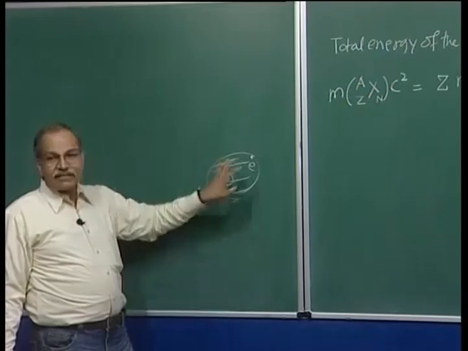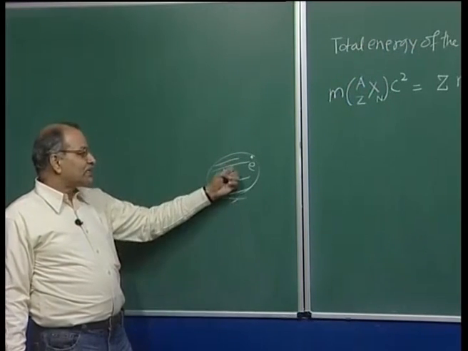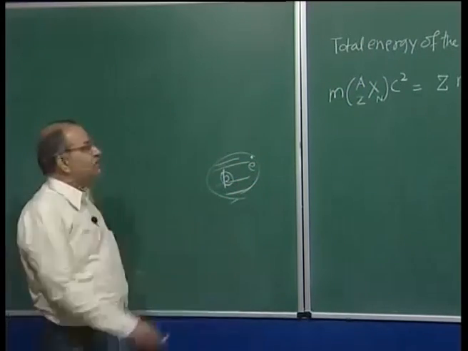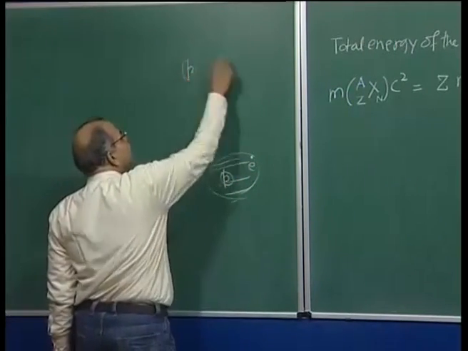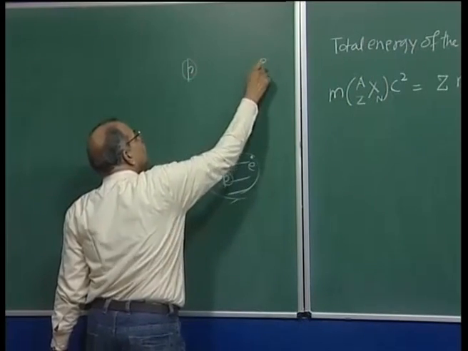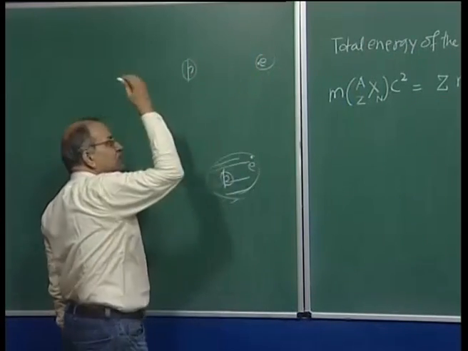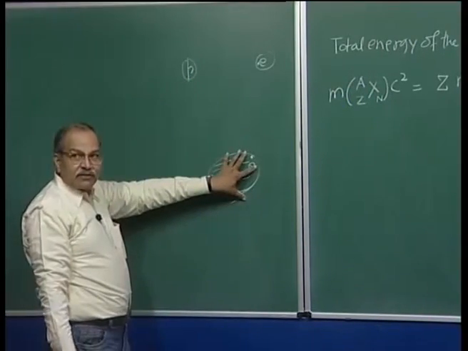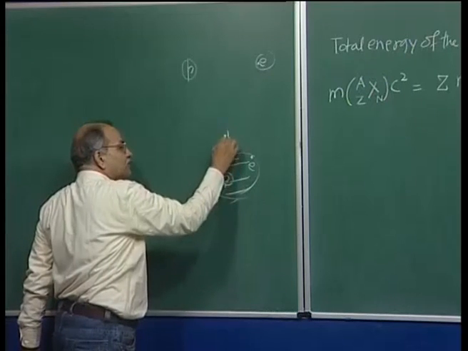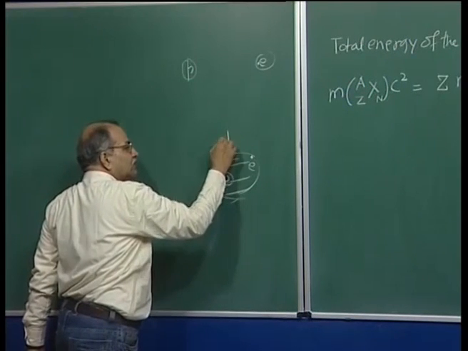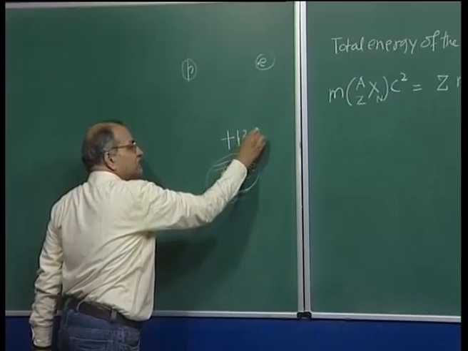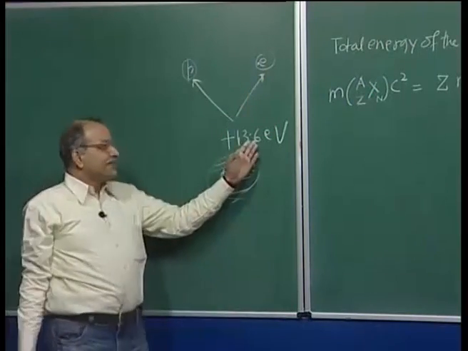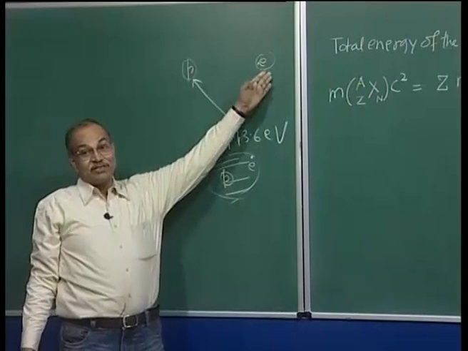If it is in ground state, you give 13.6 electron volt, then this will be separated. Separated means proton and electron, not bound, separate. Electron is here, proton is here. So, to this hydrogen atom you have to supply plus 13.6 eV, then you get this and this, and anything extra will result in kinetic energy of these things.